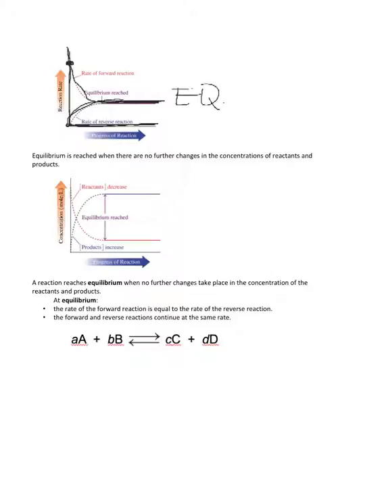So equilibrium is reached when the lines are flat, but they don't always merge together. Sometimes you use up lots of your reactants and then only have a little bit left, making lots of products. So sometimes the two flat parts of the line are separated. In this type of reaction, you made mostly products, and very little of those products are colliding back with each other to make your reactants again.